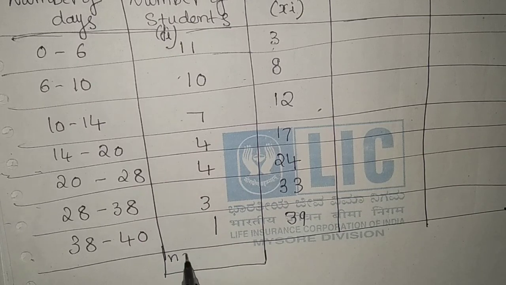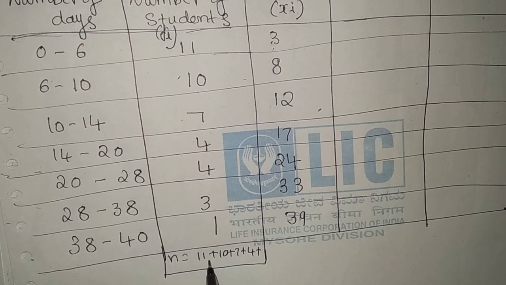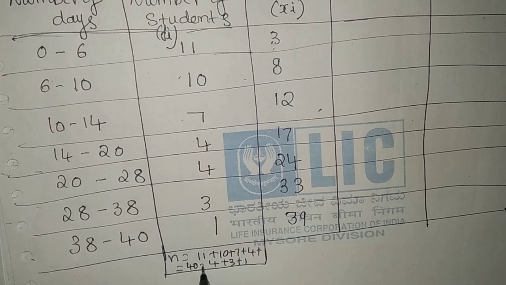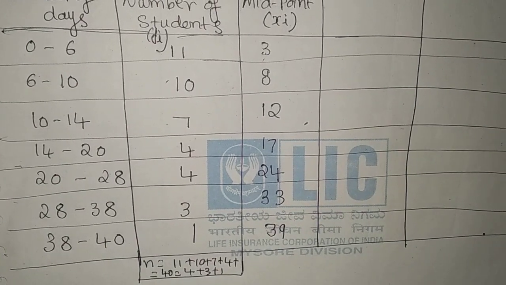So n is equal to 11 plus 10 plus 7 plus 4 plus 4 plus 3 plus 1, which is equal to 40. That is n. Now we finished finding the midpoint.